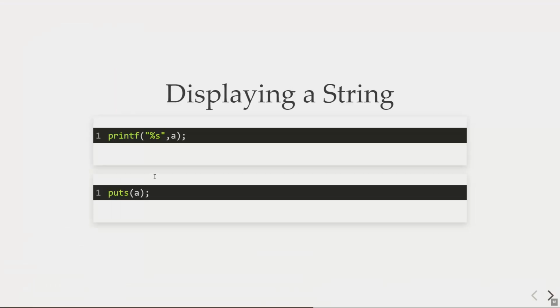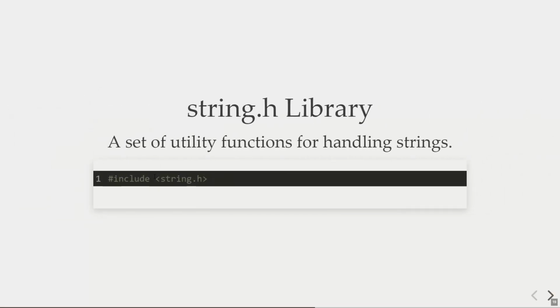We have seen both the printf and puts functions, and I also explained the different ways you can use printf. Let's begin with the string.h library. Till now we were dealing with strings in a raw manner. Now we are going to use a different library, an inbuilt library inside most compilers, called the string library.